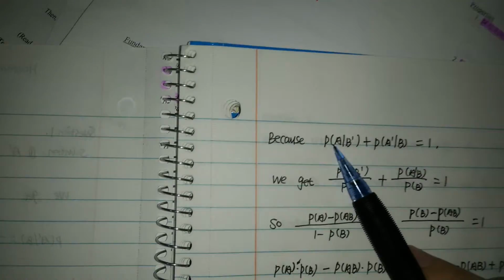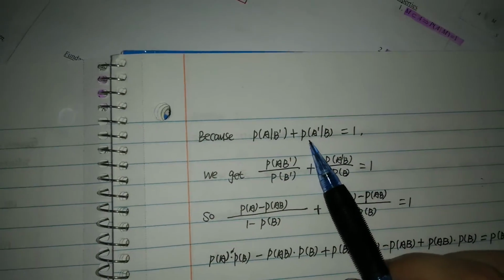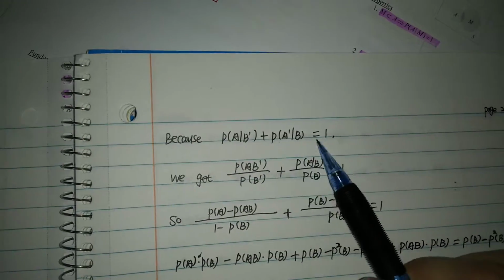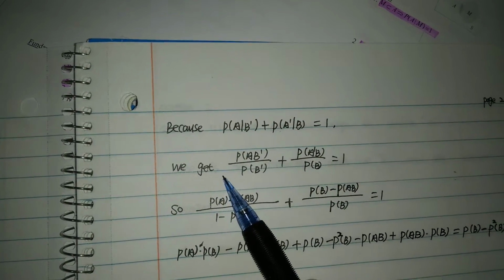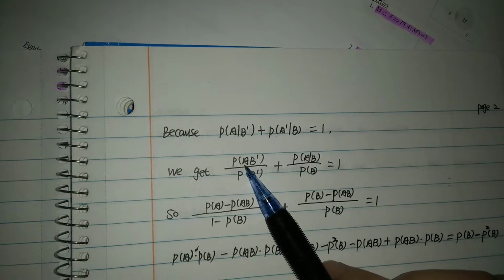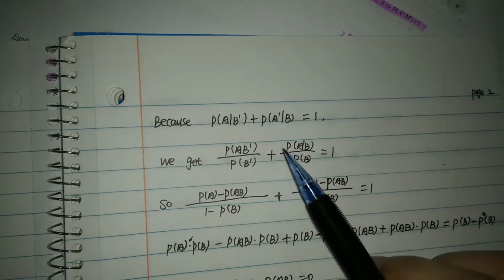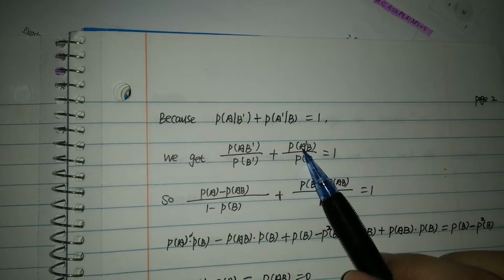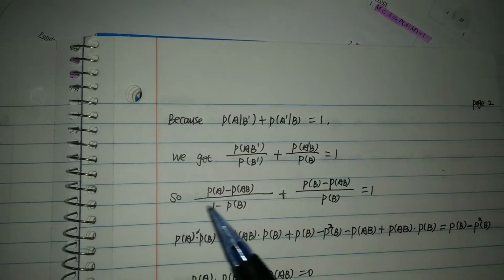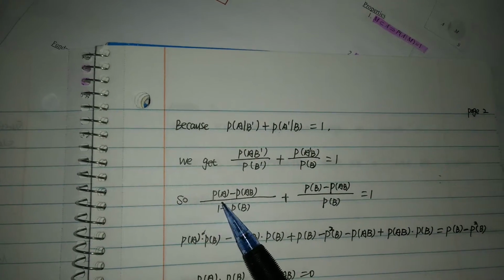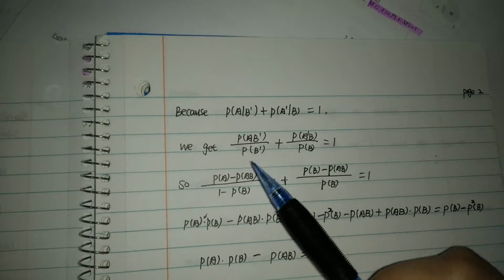Because we know the probability of A given B naught plus probability of A naught given B equals 1, from the conditional probability we can know probability of A times B naught over probability of B naught plus probability of A naught times B over probability of B equals 1. So we can use the equations we proved before.